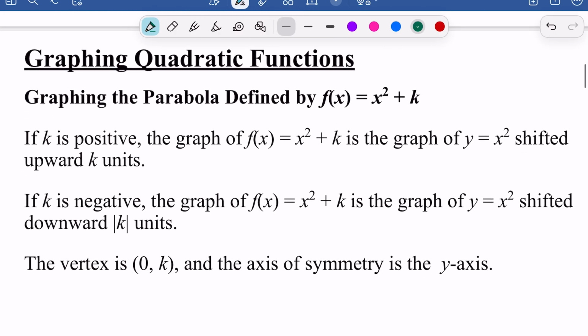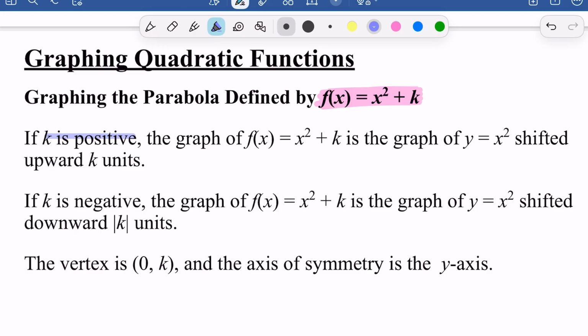So if we're graphing a quadratic function in the form f of x equals x squared plus k, we still have just x squared, but then we've got this value that's being added at the end. If that k value is positive, the graph is going to be shifted up.